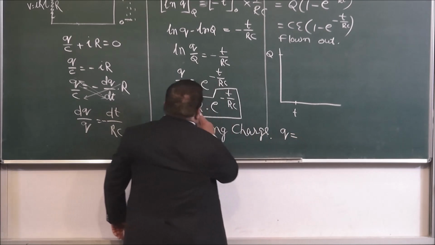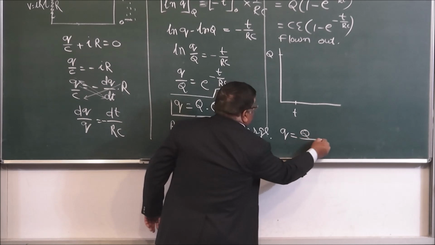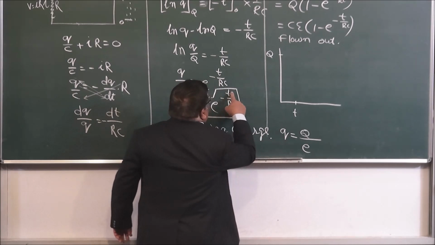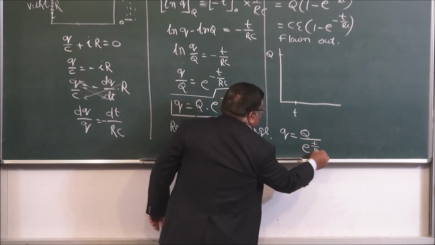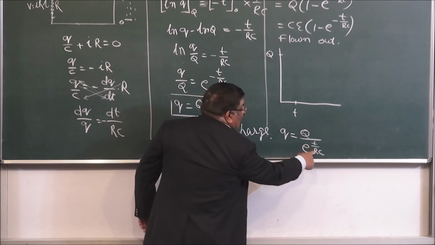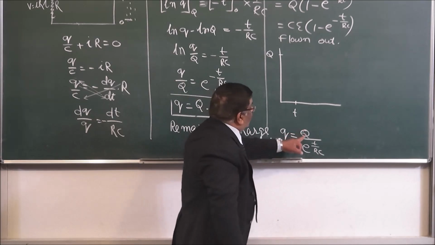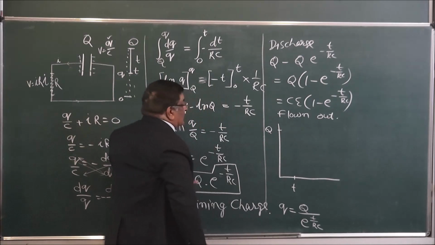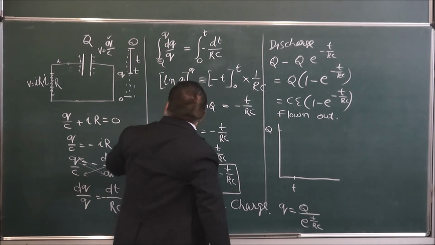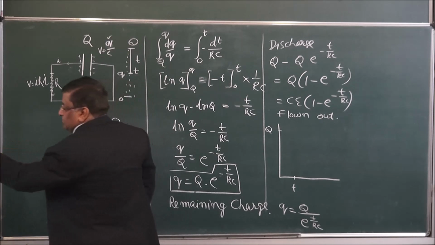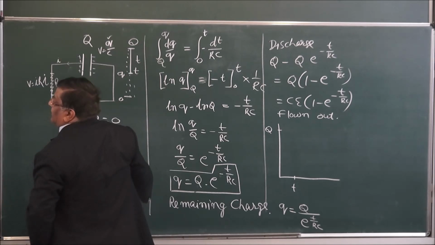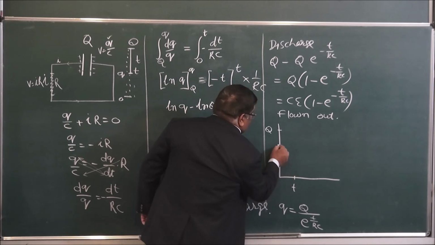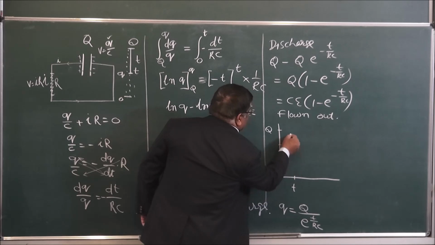Q is equal to maximum charge Q0 divided by e to the power T upon RC, because of this minus, it comes to the denominator. So when T is equal to RC, how much will this be? e to the power 1, and this will be Q0 upon 2.718, and that will come to 0.37. Okay, that was 0.63. Yes, T, and this will be 0.37.